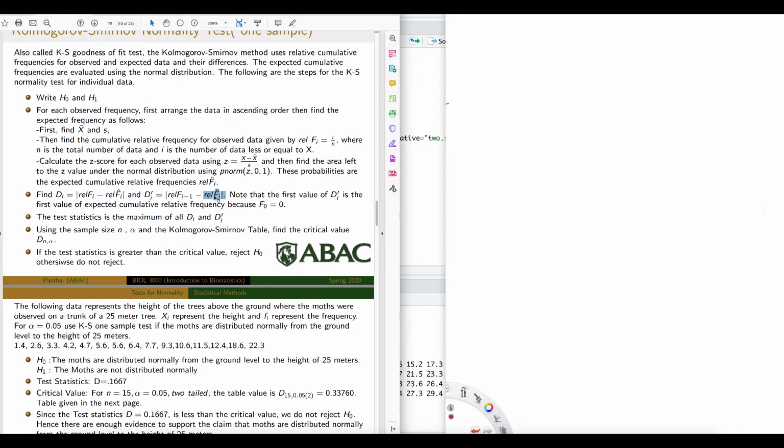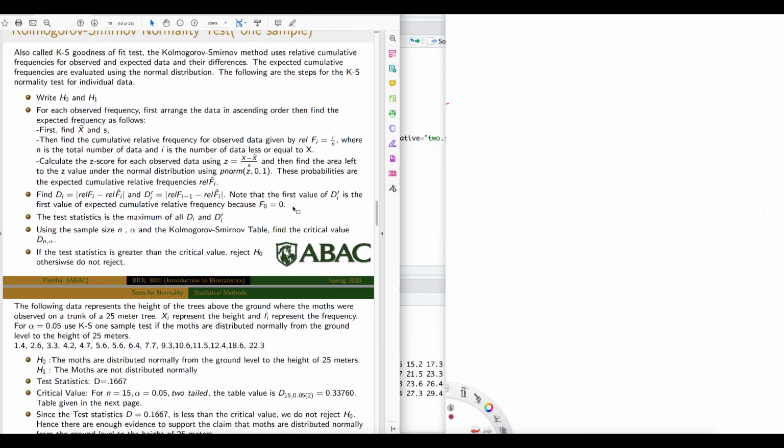Okay, this is from the expected one. We will see an example and things will be clear. Note that the first value of D sub i prime is the first value of the expected cumulative relative frequency, because f sub 0 is equal to 0, as we will not have an f sub 0.